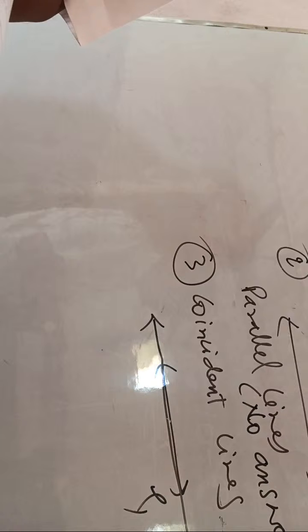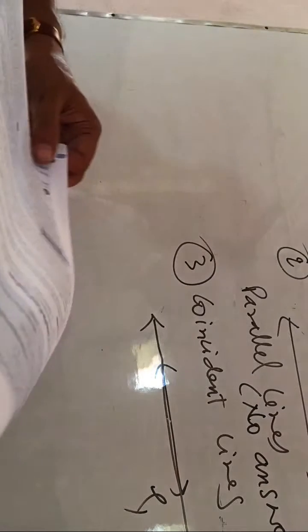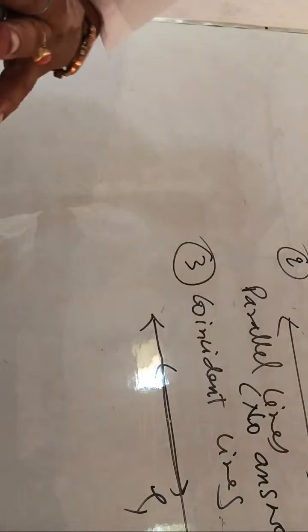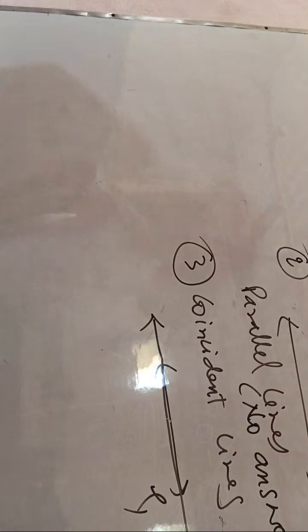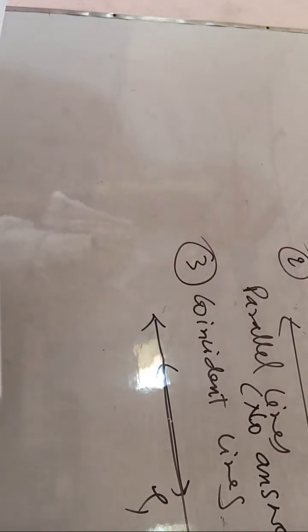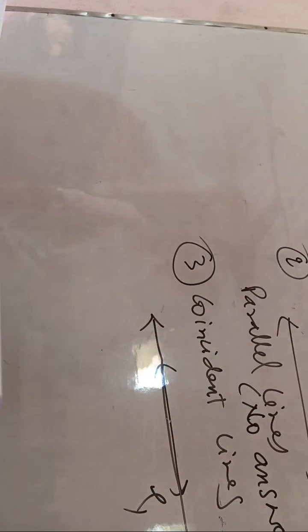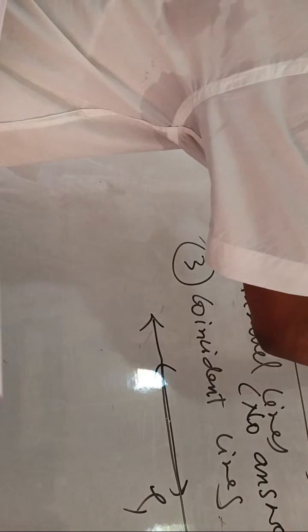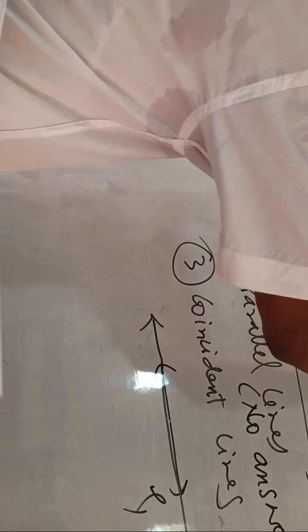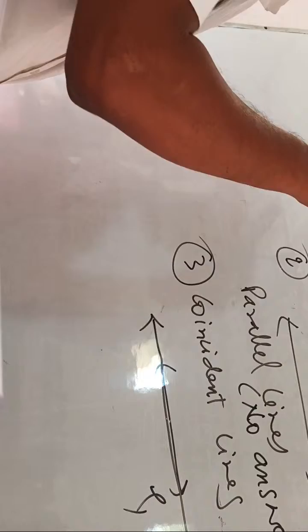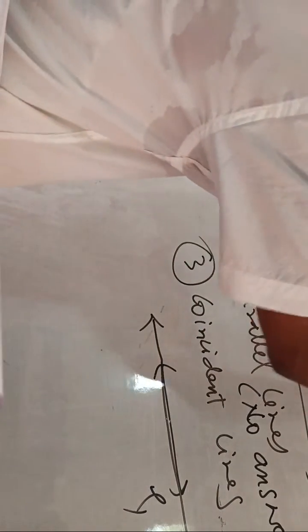Now, how will the equations be, suppose in the intersecting case, what will be the format of the lines? So suppose you have two equations. The first equation is a1x plus b1y plus c1 is equal to 0.